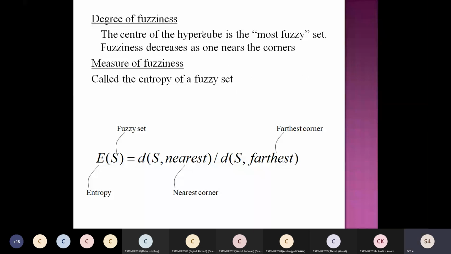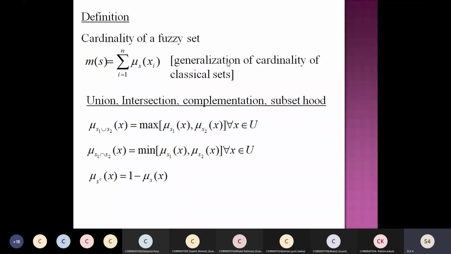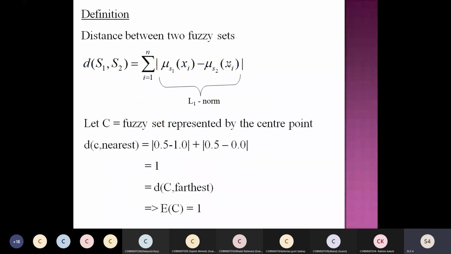So let's do one thing. When you get this lecture, you need to answer in the comments what you understand by degree of a set and degree of fuzziness. Tell me in a comment what the degree of a set is.